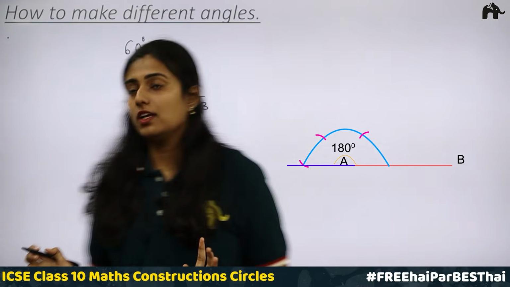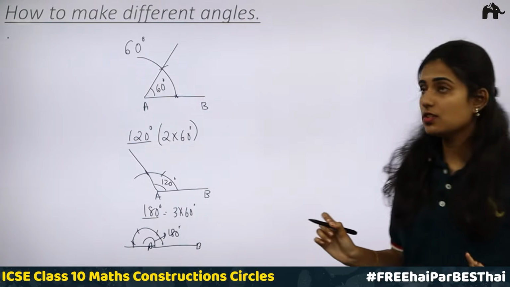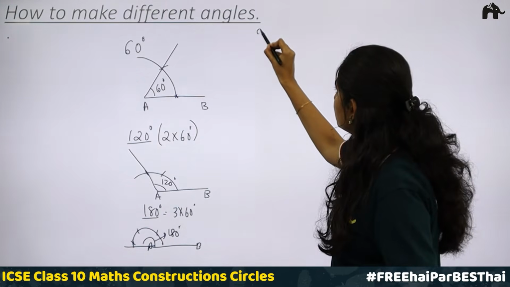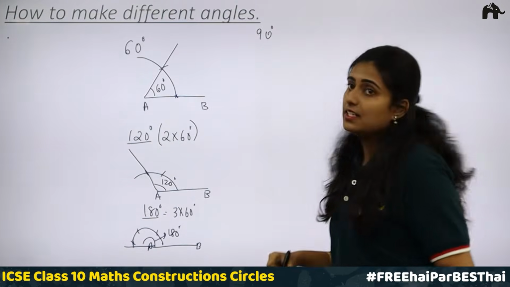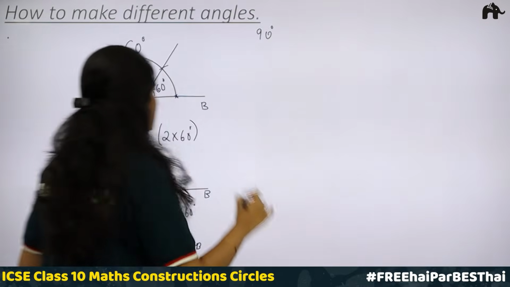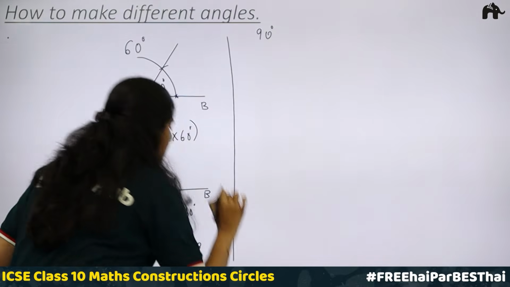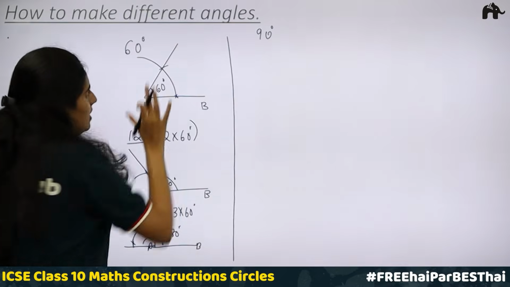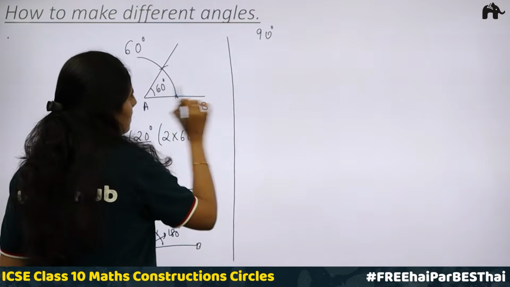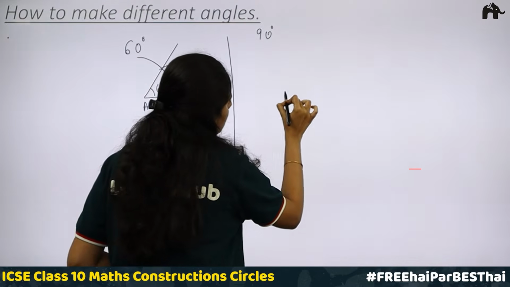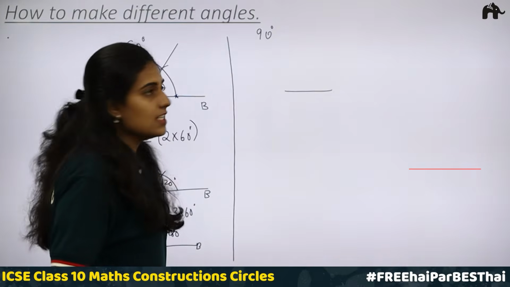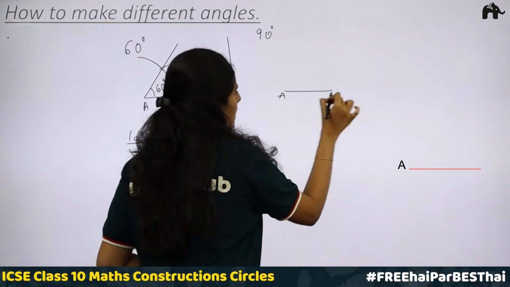Now, what about 90 degrees? If you are asked to construct 90 degree angle, how to construct it? Let's see. Everywhere you need 60 degree, so the first step is constructing 60 degree. This is a straight line segment AB.